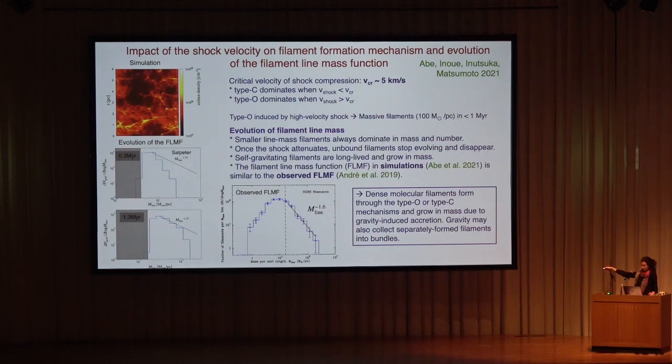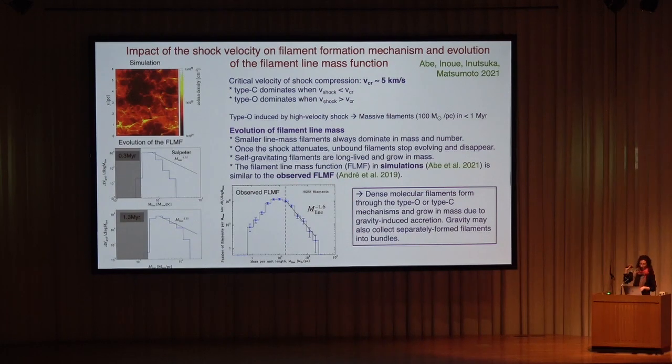This can also be seen in the filament line mass function derived from the simulation, where initially it has a steep slope, and then the filaments grow in mass by accreting surrounding material, and the slope becomes shallower, of the order of the Salpeter slope of the IMF. Here I show the observed filament line mass function, which is very similar to what is observed in simulation, suggesting that filaments may also form and grow as we just suggested.